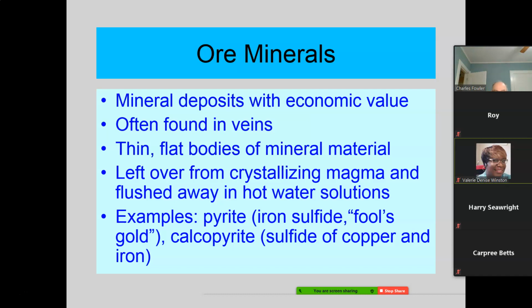Often found in veins, just little strips, and could be sort of thick, but usually found between layers of other rock. Thin, flat bodies of mineral material. When they find a vein of them, they try to mine that vein. Now this is left over from crystallizing magma, or it was flushed away by hot water solutions.